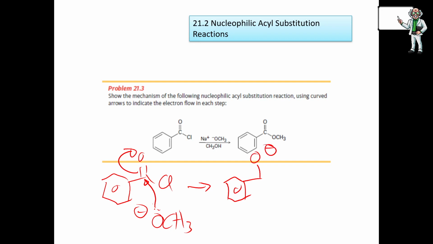Okay, don't forget the charges. Once we have this, basically what we do is we regenerate the carbon-oxygen double bond, and the leaving group is departing. And what we generate is, in this case, this ester.